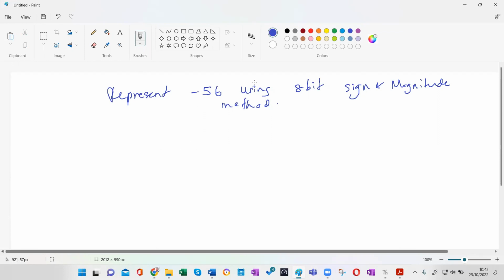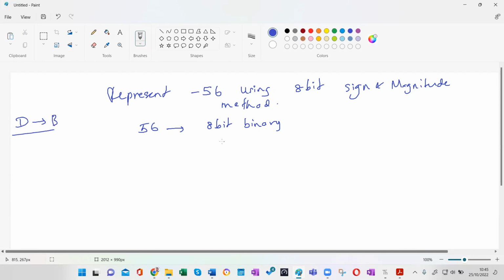What do you have to do? First, you need to represent 56 in 8-bit binary. You know how to convert denary numbers to binary. We did that in the last class, so make sure that you watch the videos.